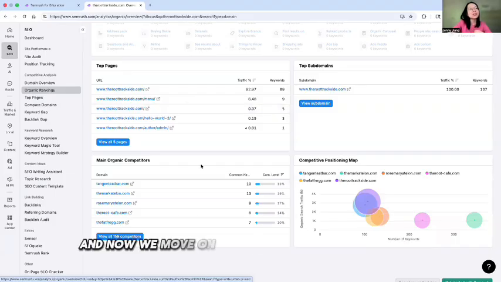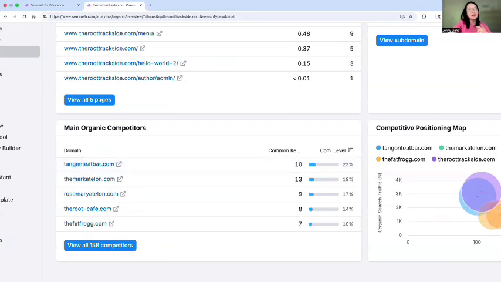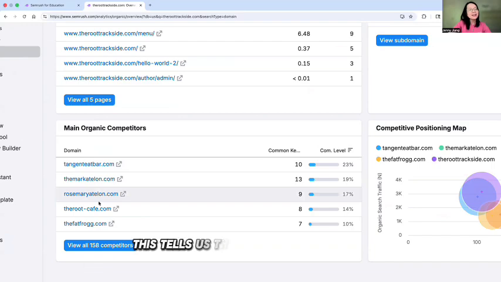And now we move on to the main organic competitor. This is very interesting. We see competitors such as the Tanjing8bar.com, and then the other restaurant. This tells us that the root track site is competing with other local restaurant website in search. So you don't need to deeply analyze competitor strategy here.